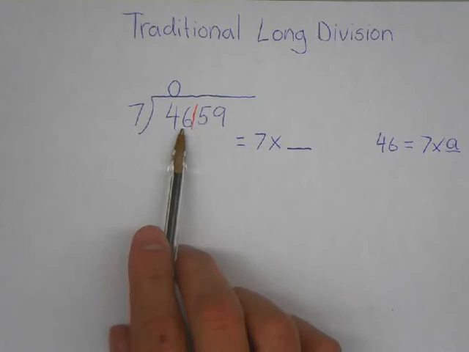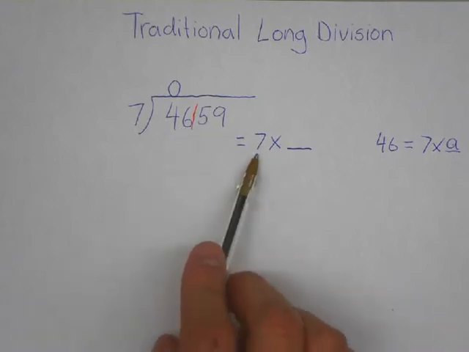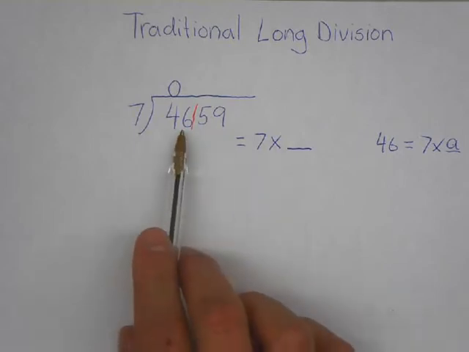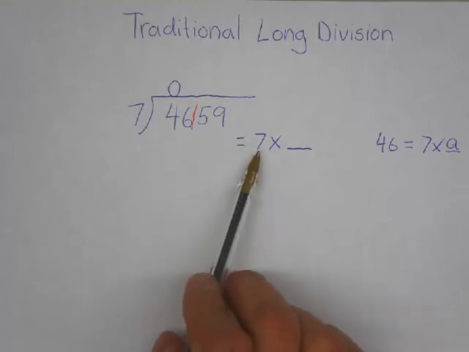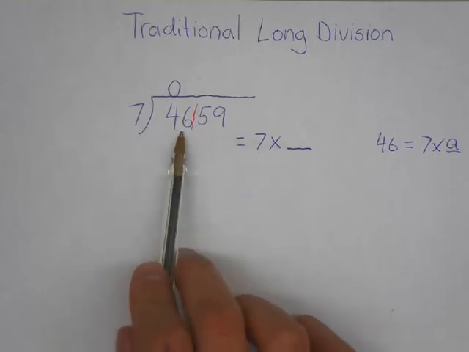So what we have to think about is 7 times what is going to be as close to 46 as possible without going over. Think of it as The Price Is Right. On The Price Is Right, when you're making guesses to get on the show, you cannot go over the price. So what is the closest multiple of 7 to 46 without going over?